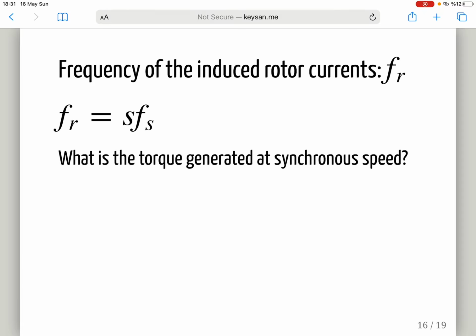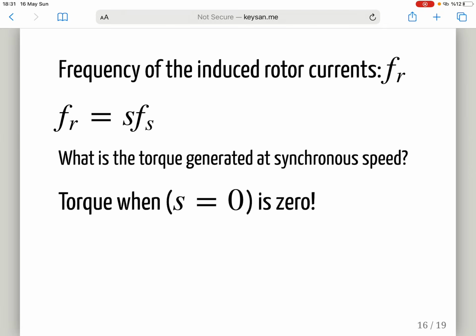So what is the torque generated at synchronous speed? If you don't have any varying magnetic field, you will not have any induced voltage and you will not have any currents, so that will create no torque. That is really important for induction motors. So when the slip is equal to 0, there will be no torque.